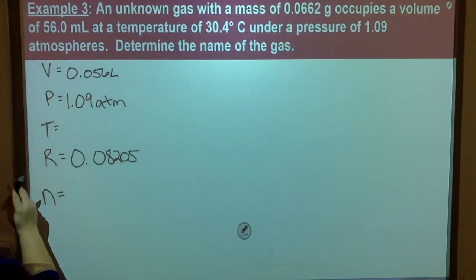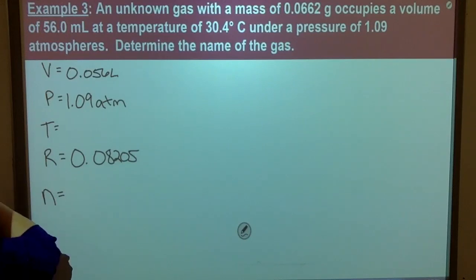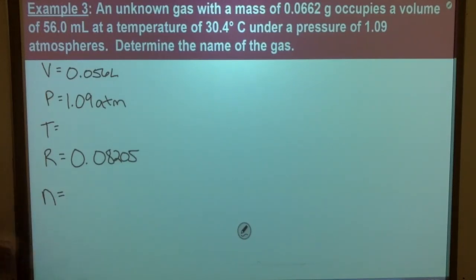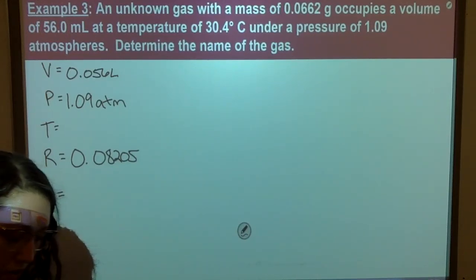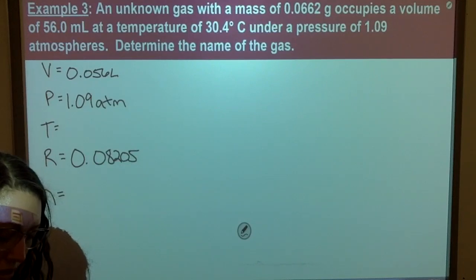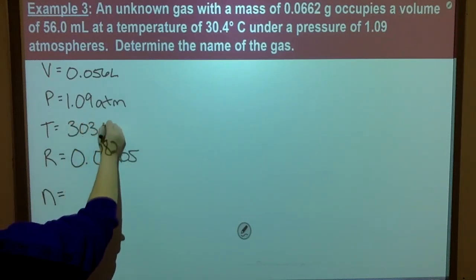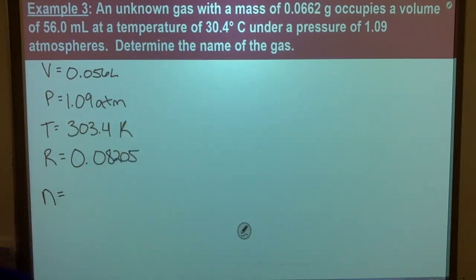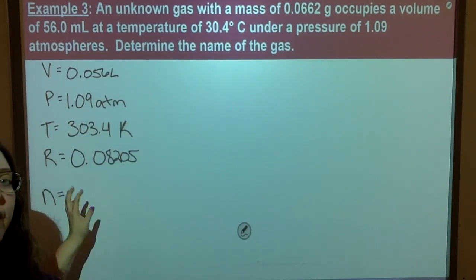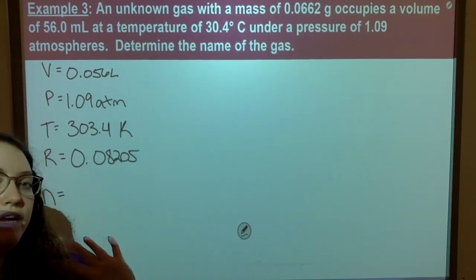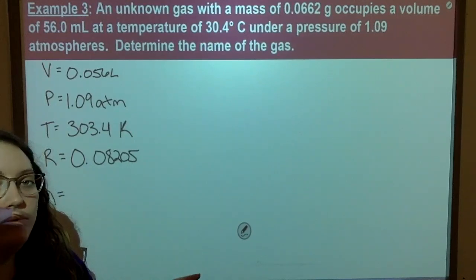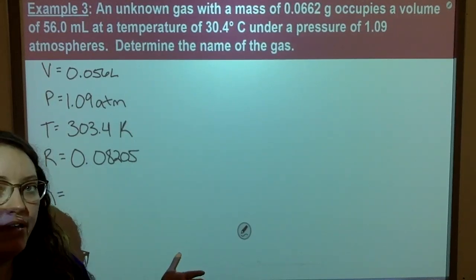And then, let me see here, what else do we have? Temperature is 30.4, so 30.4 plus 273 is going to be 303.4 Kelvin. And then we have n. Okay, so n is where this gets a little weird because we're trying to find the name of the gas. So we know that we need to find the mass of the gas, right?